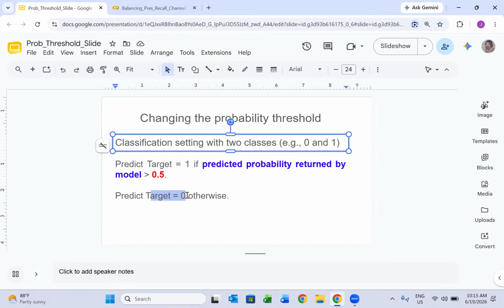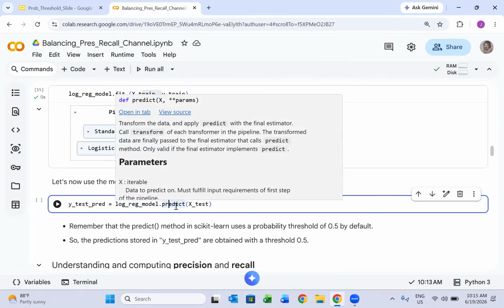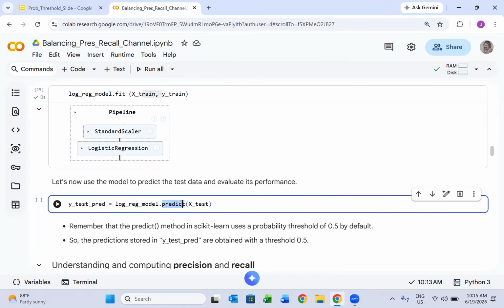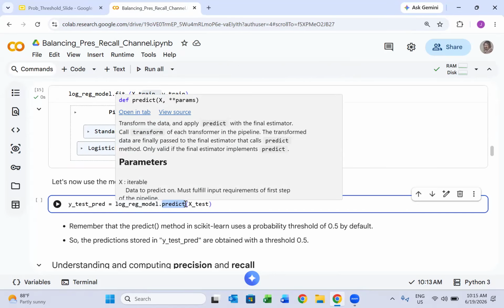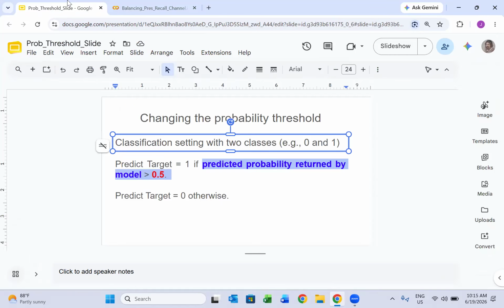So in that inequality, we have two things, right? The predicted probability returned by the model. You don't see that predicted probability here, but whenever predict is invoked, for each test observation to predict, that predicted probability is returned. So if that predicted probability, which again we don't see, but it is there, is greater than 0.5, we predict 1.